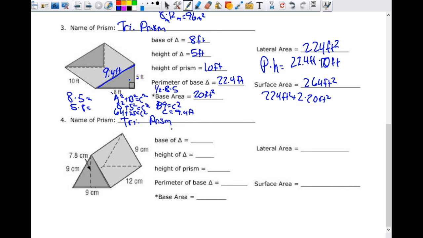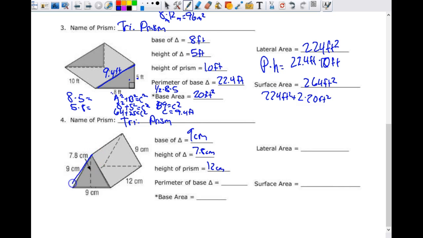Base of the triangle. What's the base of this triangle going to be? 9 centimeters. What's the height of this triangle? Centimeters. What's the height of the prism? 12 centimeters.